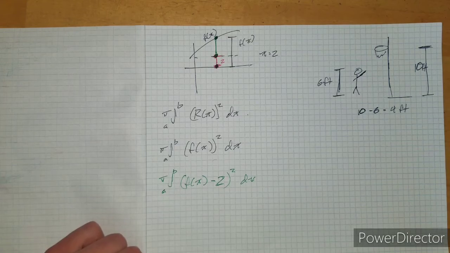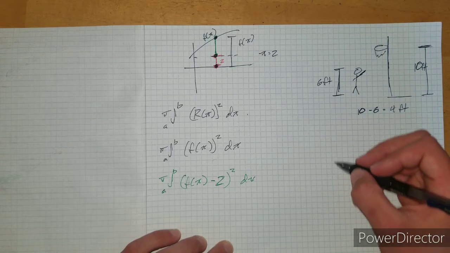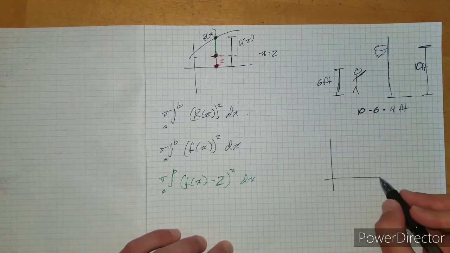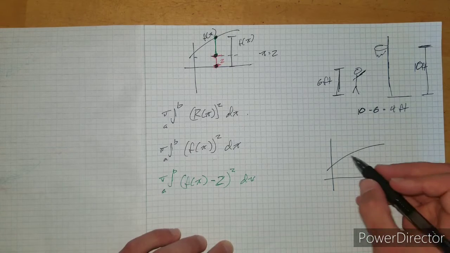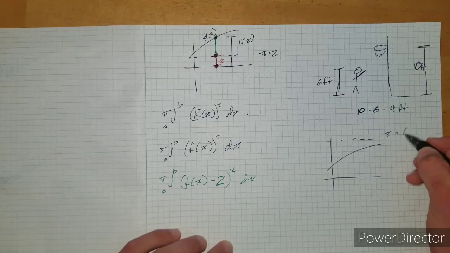The tricky thing is, if we have the same function, and let's say we rotate it around x equals 6.